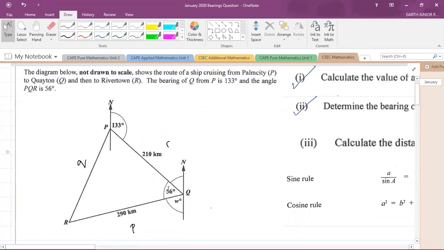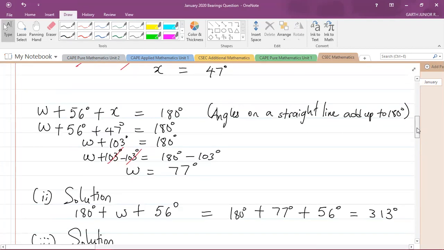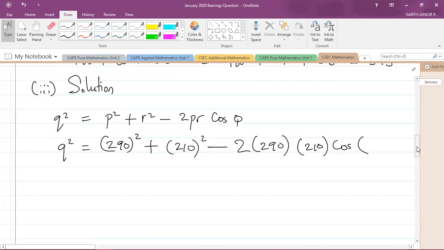My angle Q is this angle there, which is 56 degrees. So angle Q is 56 degrees, and I'm going to have the cosine of 56 degrees.